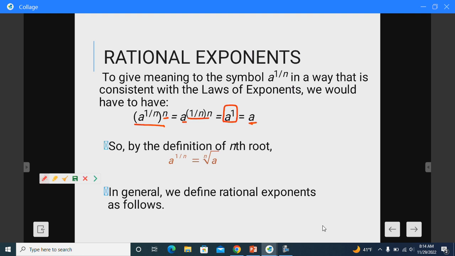So by the definition of the nth root, a to the power of 1 over n is equal to the nth root of a.